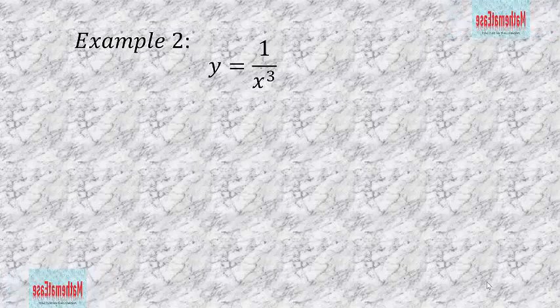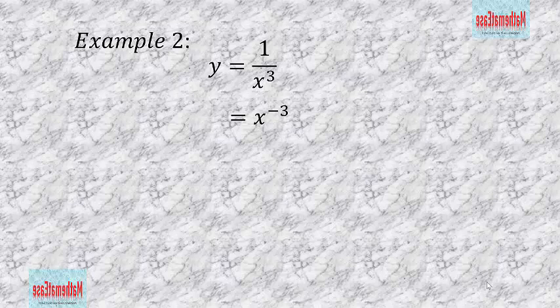Example 2. y = 1 over x^3. Now, it's better to represent this type of equation in such a way that you have coefficient and power. So we can write it like this: x^(-3). Anytime you have a coefficient of 1 in math, you don't write the coefficient of 1.